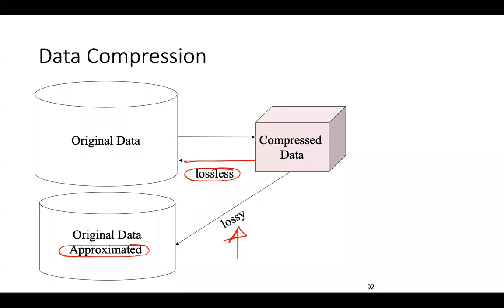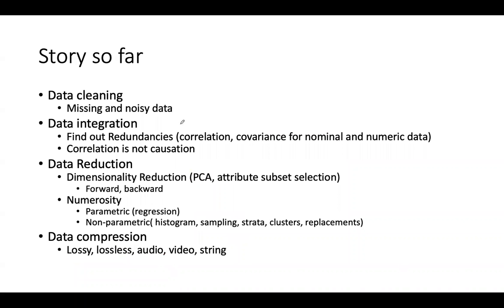So with that, what's the story so far? We've talked about data cleaning. We've looked at what is missing data, what is noisy data, how to handle missing data, how to handle noisy data. We also talked about data integration, why we need to find redundancies, and we looked at different techniques like correlation and covariance for nominal and numeric data, and when to use them. Again, we talked about correlation is not causation.